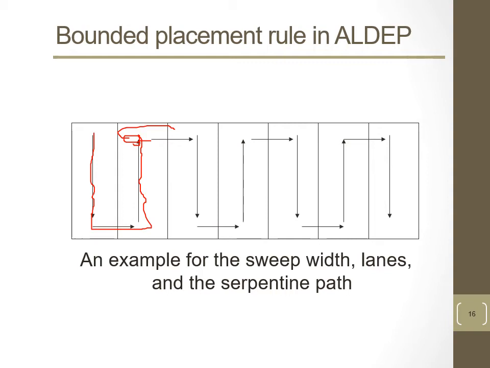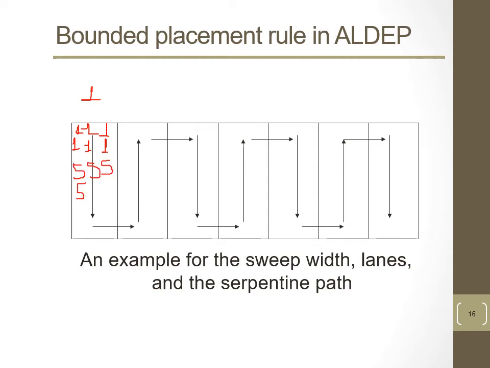So what happens? Assume you first selected department 1. You start placing the grids of department 1 here, and assume that department 1 requires 6 grids. When you finish with these 6 grids, you select the next department. Let's assume it's department 5, and you start placing its grids.